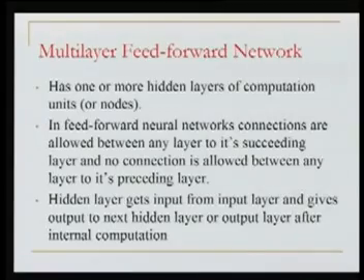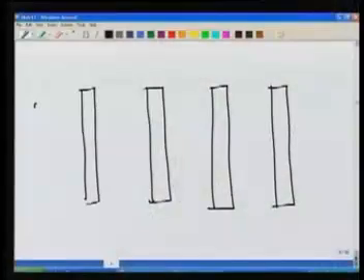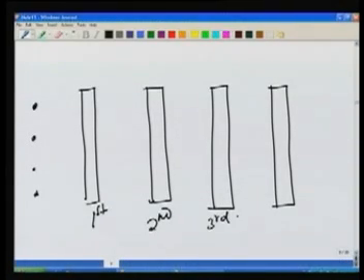The example is, you see here there are 4 layers: this is the input, the first hidden layer, the second hidden layer, the third hidden layer, and this is the output layer. When we say number of layers, we do not count the input layer as one of the layers. So, when I say 2-layer network, I have only one hidden layer and the next layer becomes the output layer.